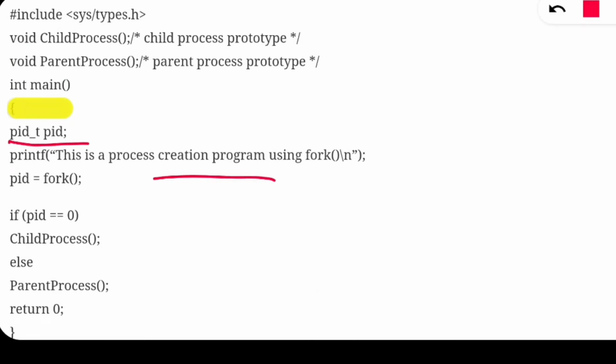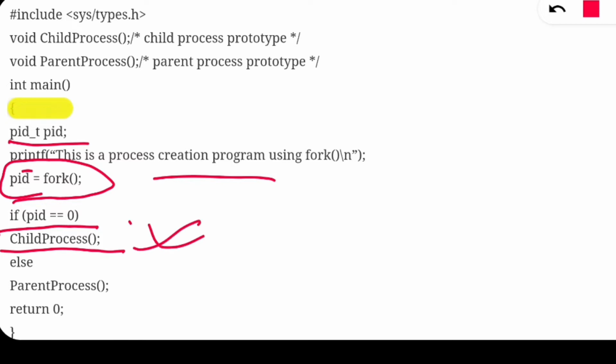I have given a printf statement, and here we have called the fork function. After calling the fork function, it will return an integer value to the PID. Now we need to check the PID. If the PID is equal to 0, then it's a child process, as we have seen in the earlier part of this video. When fork returns a 0 value to the PID, it confirms that it's a child process, and if the value is greater than 0, then it will be a parent process.